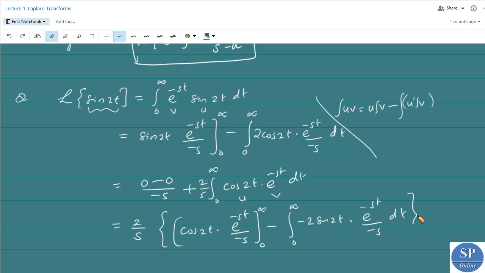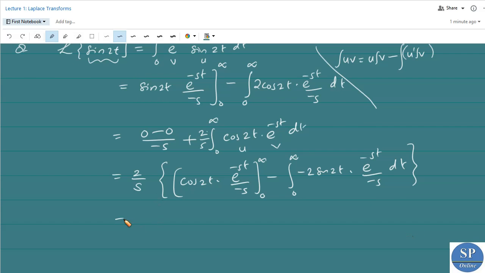So this is equal to 2 by s into, applying the limit as t tends to infinity, e power minus infinity is 0, so the first term is 0, minus, as t tends to 0, cos 0 is 1 and e power minus 0 is also 1, so 1 divided by minus s, right, minus here we have integral 0 to infinity of 2 sine 2t into e power minus st dt, 2 by s into this, right.